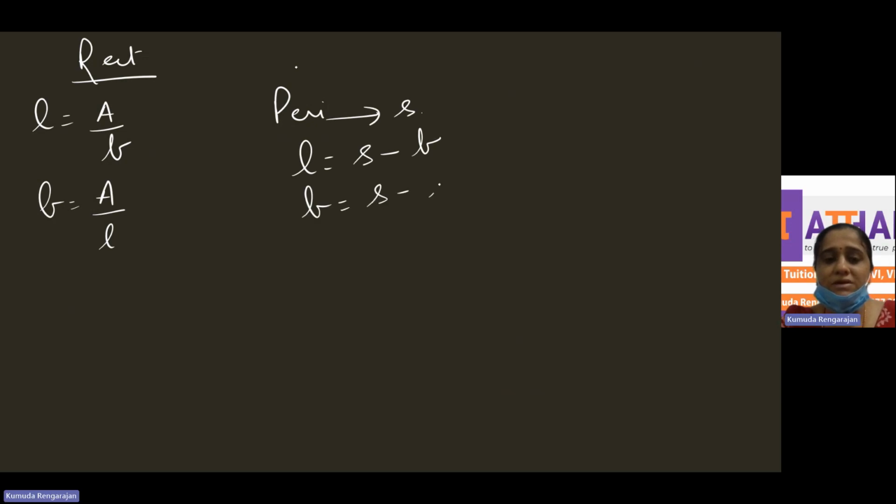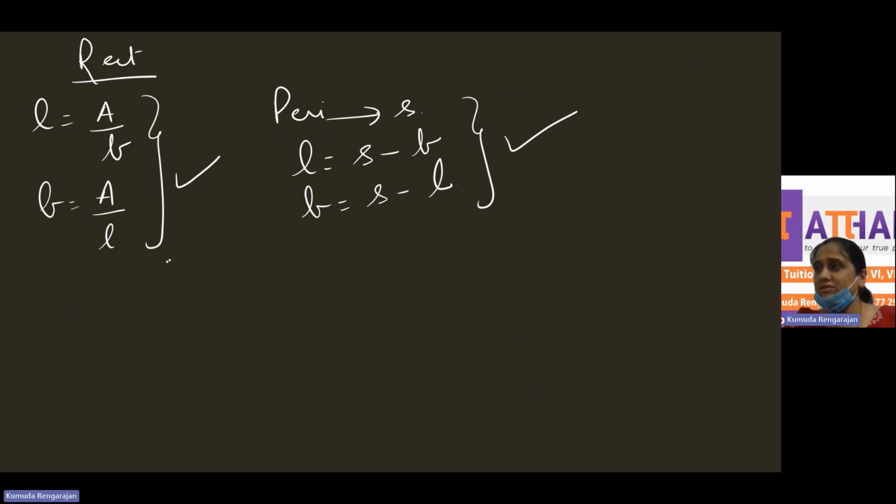Breadth is semi-perimeter minus length. If area is given, you should find length and breadth like this. If perimeter is given, you should find it like this.